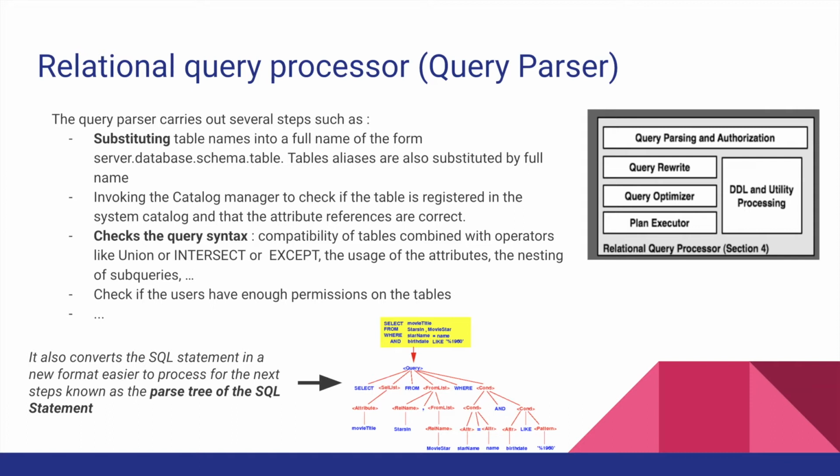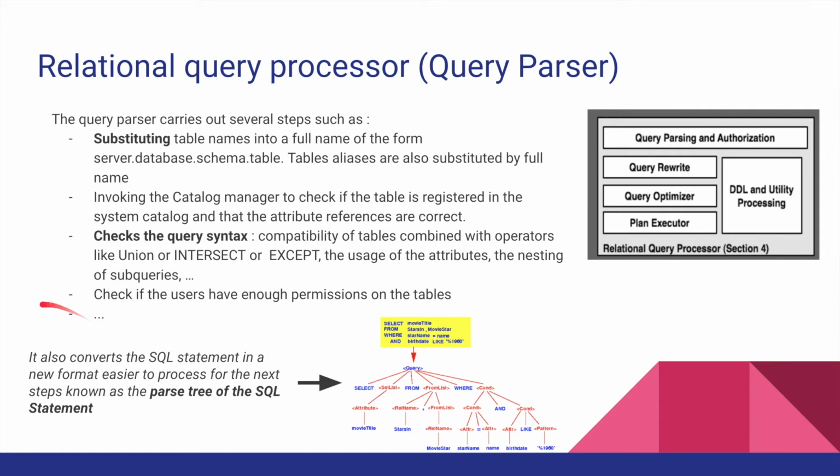It checks if the query is syntactically correct, so the usage of attributes, the nesting of subqueries, and so on. And as a last example, it checks if the user has enough permissions on the tables.